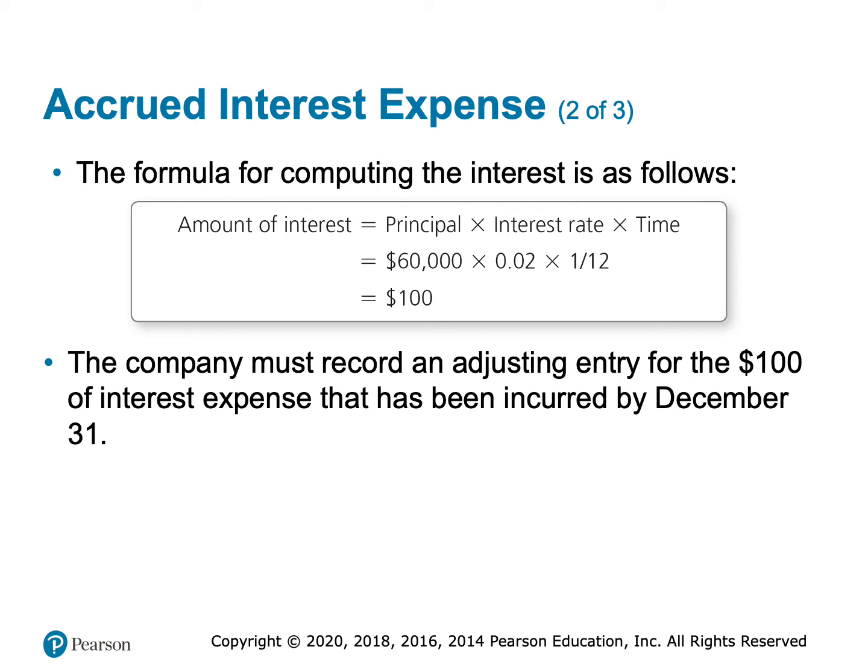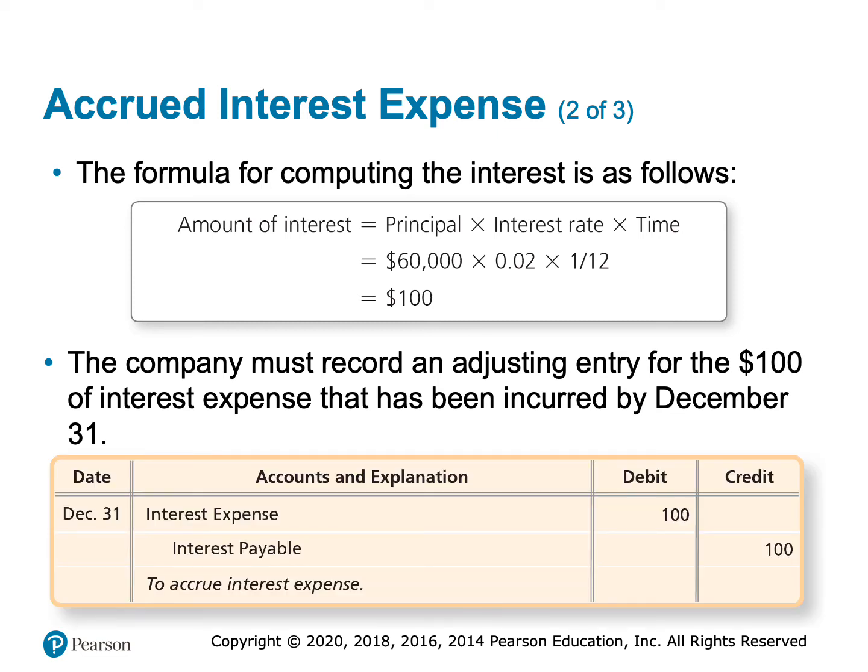And remember that we always debit expenses. And interest payable is my liability account. So I'm going to debit interest expense to increase that expense account. And I'm going to credit interest payable to increase that liability to show that I owe that debt on the building.